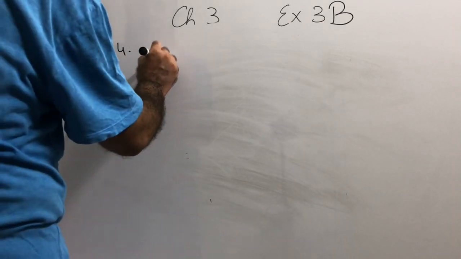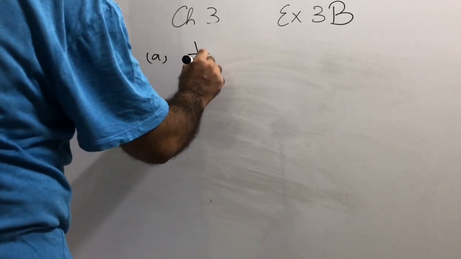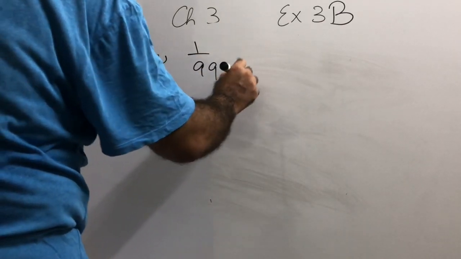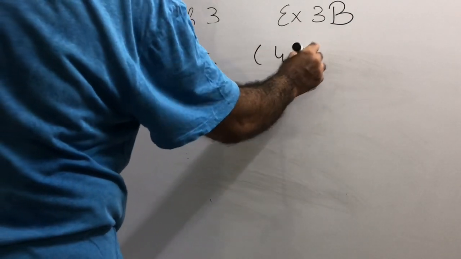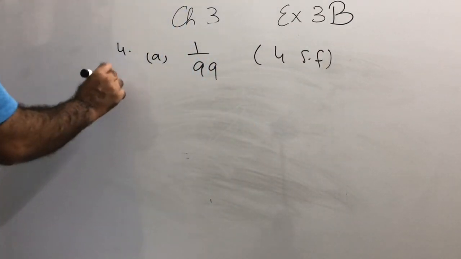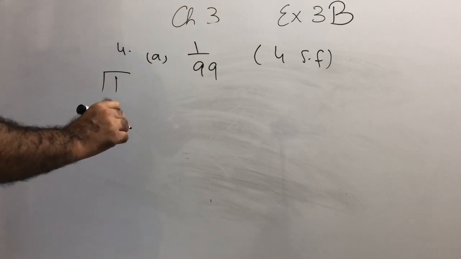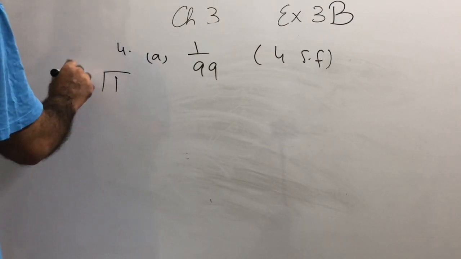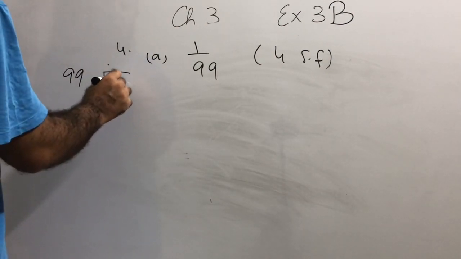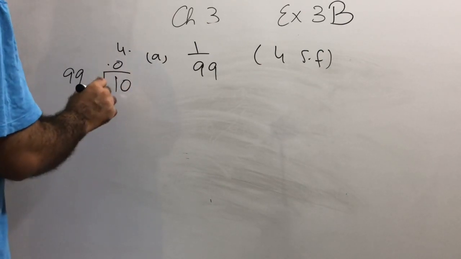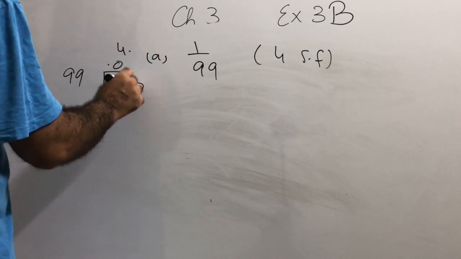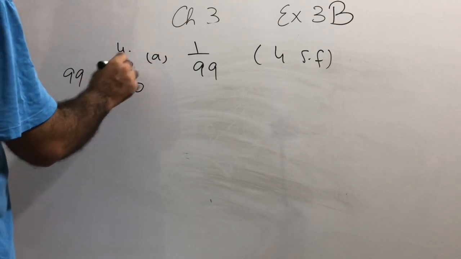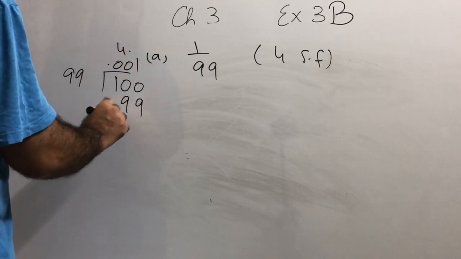A part is 1 over 99 to 4 significant figures. And when we divide this by 99, we put point 0, put 0, again 0, again 0, 99.